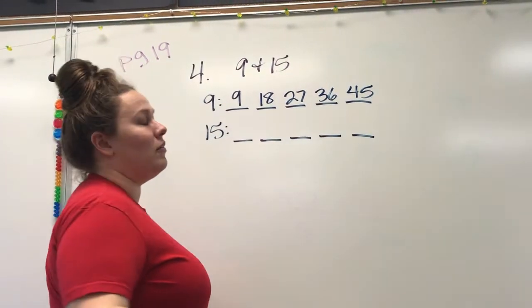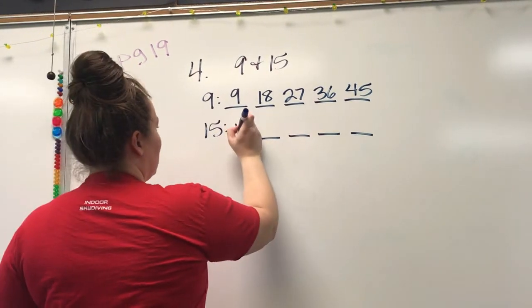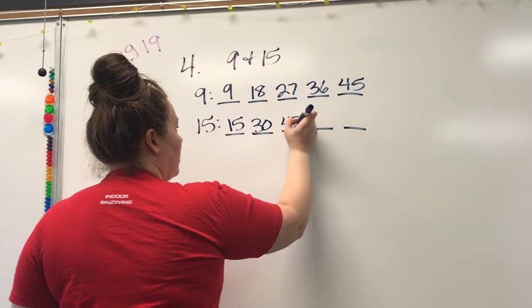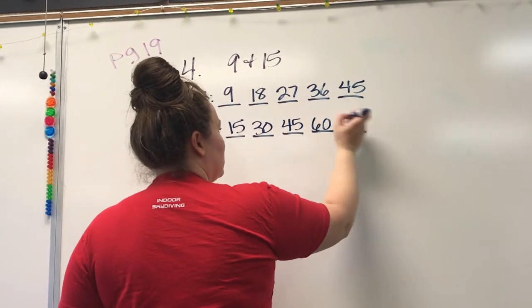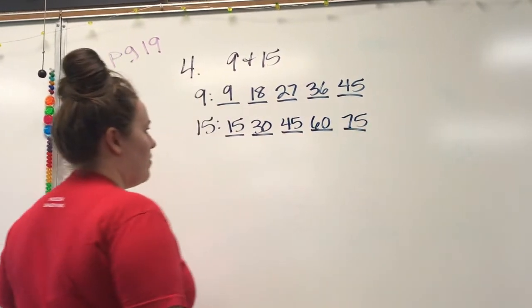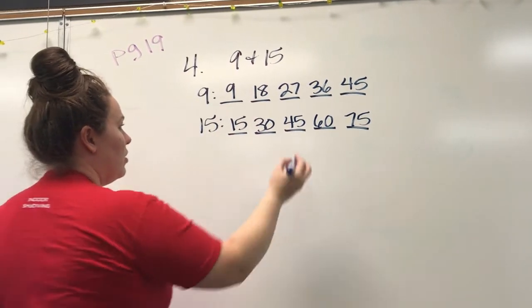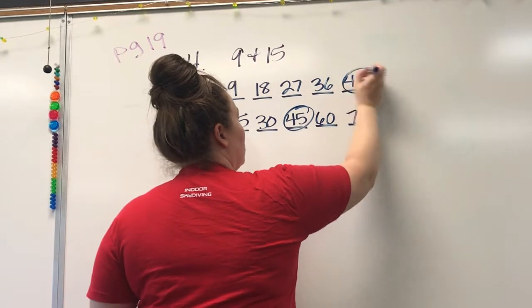Break out the calculator for this if you don't know your 15s. 15, 30, 45, 60, 75. Do you see any that they have in common? Yes, you do. 45.